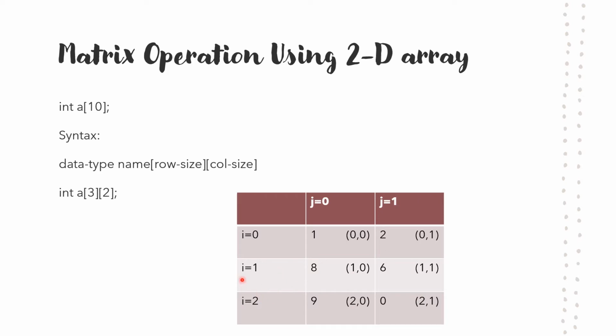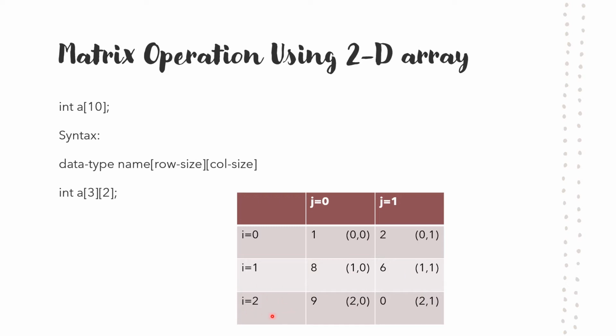Then the value of i will get incremented and i will be 1. So i will be 1 and j will be 0. For that I accepted the value 8. Now i will be 1 and j will be 1, so the value is 6.